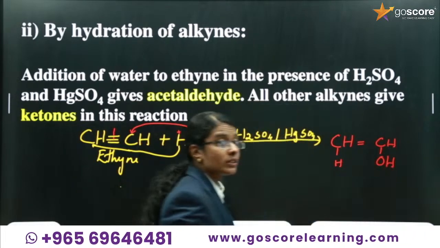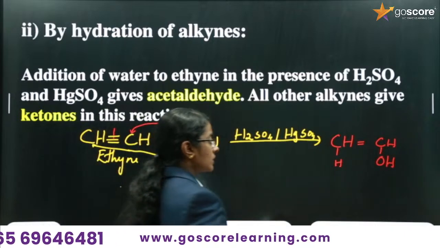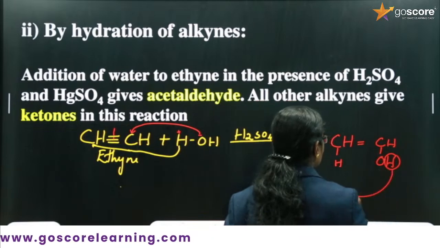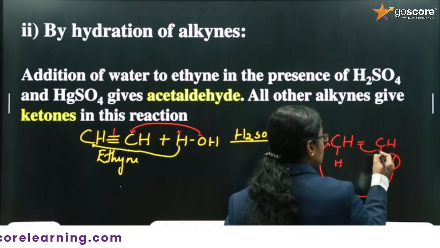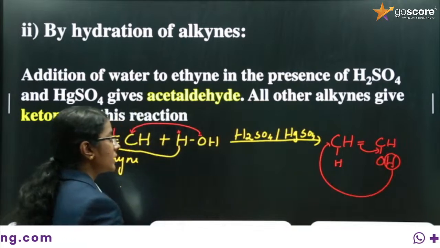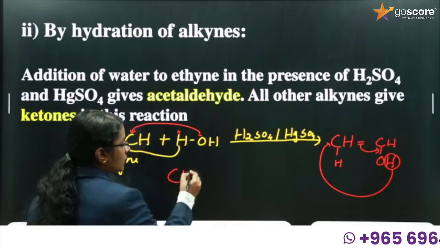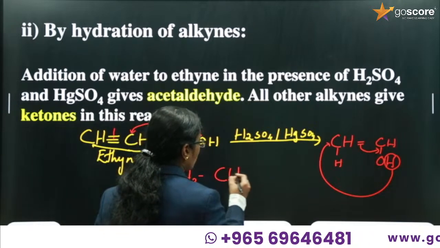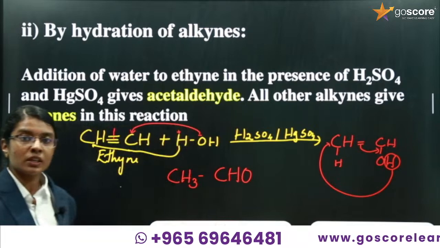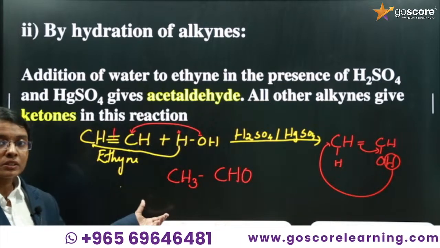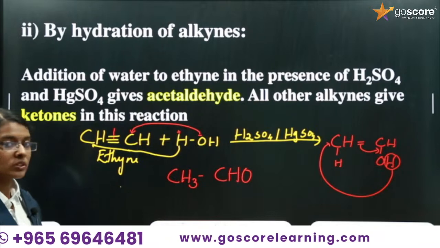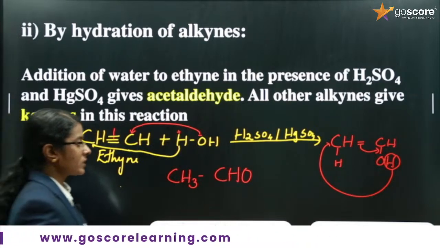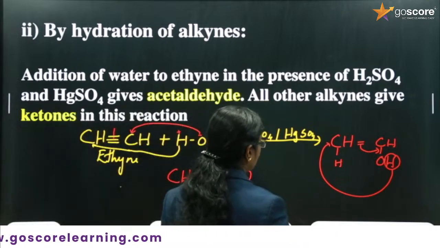So here tautomerism occurs. This hydrogen will shift to this carbon and this double bond will shift, and you will get CH3CHO. What is CH3CHO? Acetaldehyde.